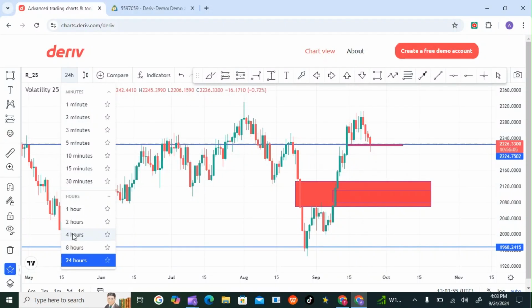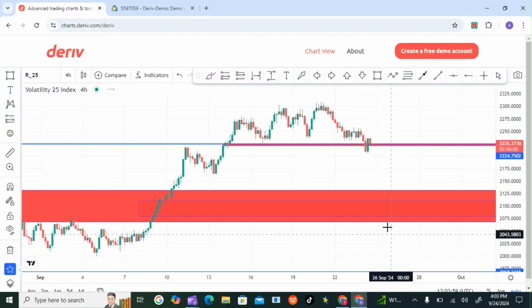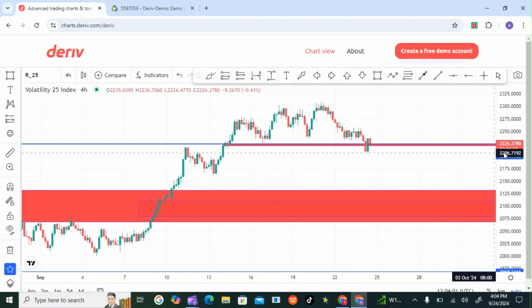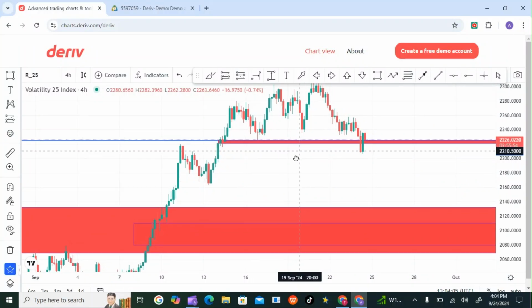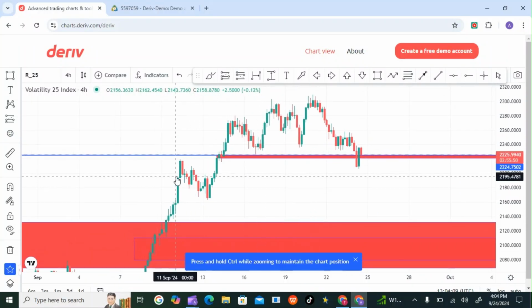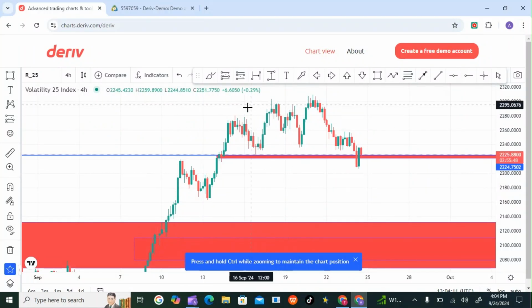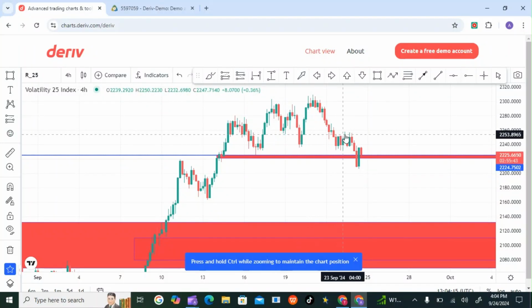So we will move to the 4 hours to break down the analysis, and we also have identified this zone which might bring some resistance. Coming back to the 4 hours, what do you identify? You can see there has been so much consolidation here in the 4 hour candlestick. So how do we know the trend?